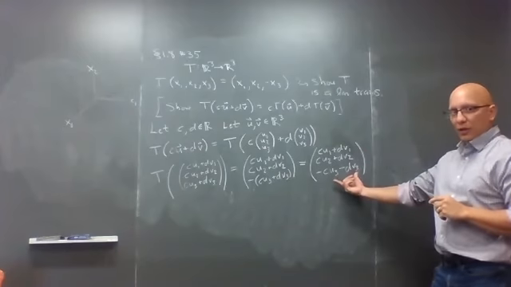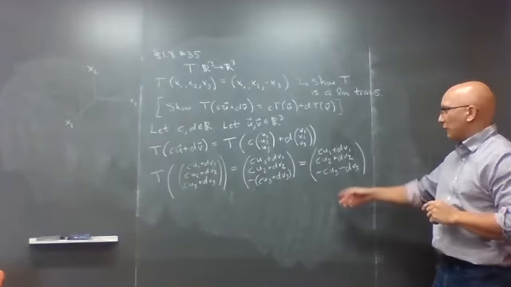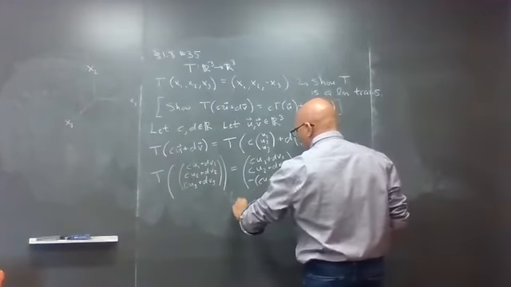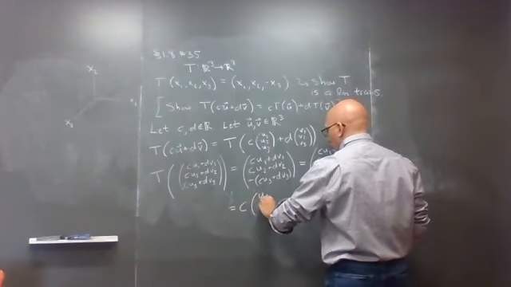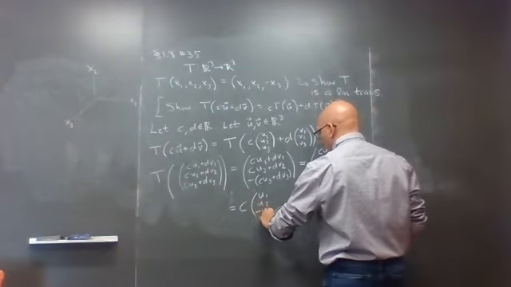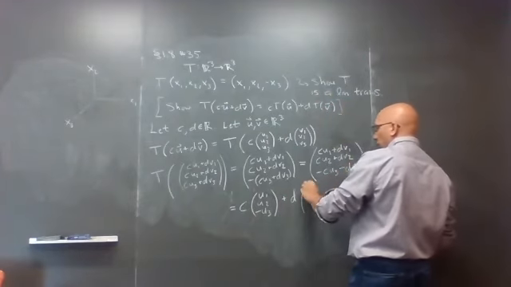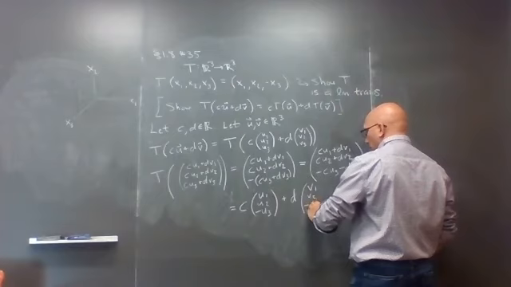Let me now split this vector up into two pieces and factor out the common factors of c and d from each of those vectors. So the first vector is going to be c times u1, u2, minus u3, plus d times that second vector, v1, v2, minus v3.